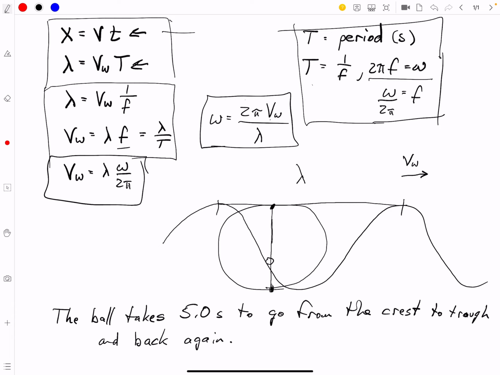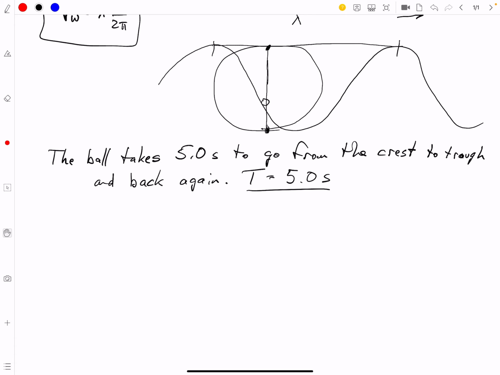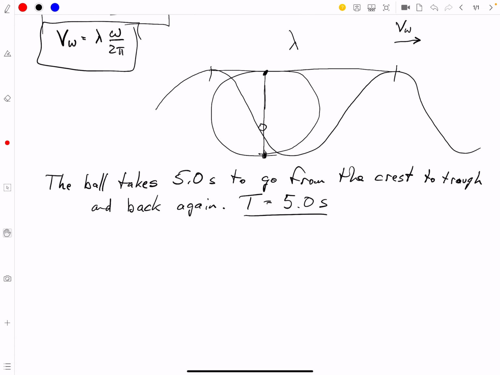That means, what does that mean? Ask yourself. The period then has to be 5 seconds. Okay? Because it takes 5 seconds for it to go down all the way to the bottom and then come right back up to the top. So that's the period.